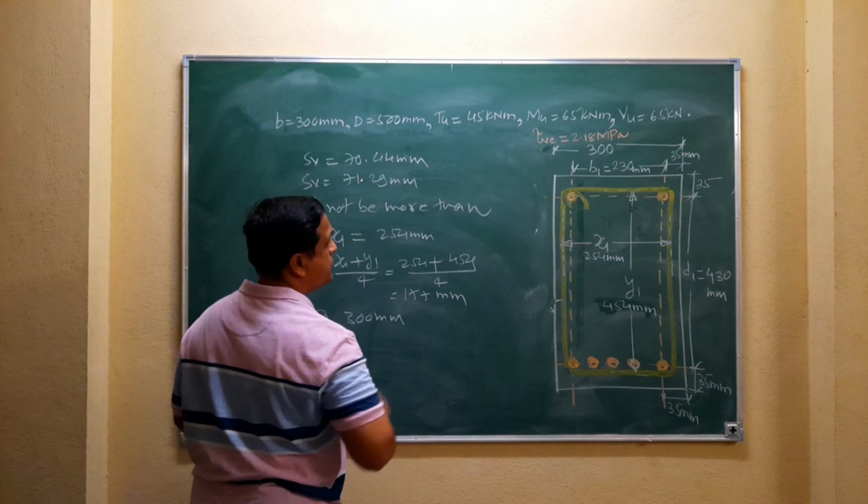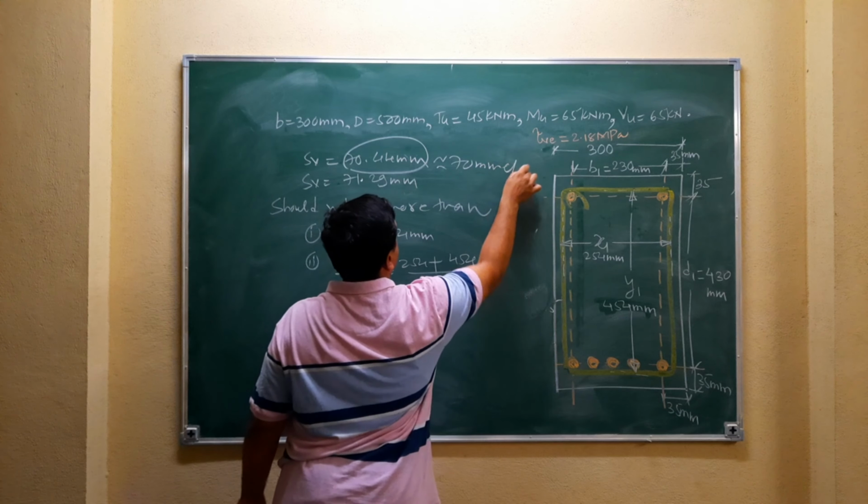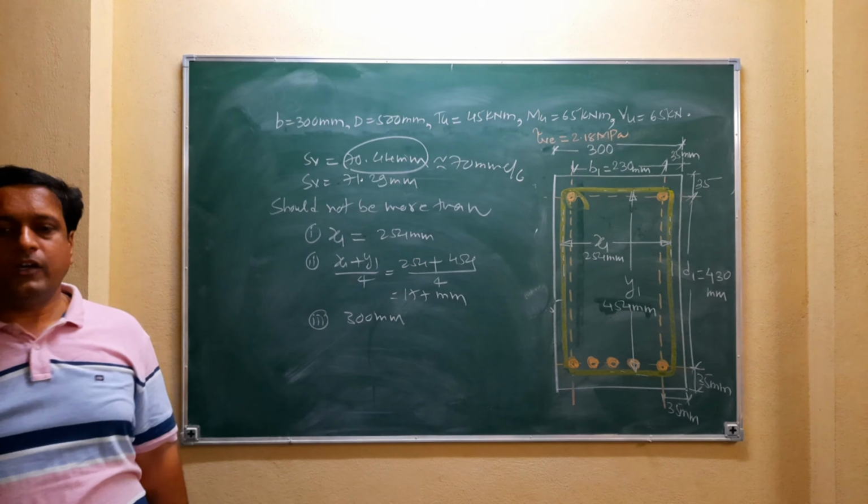That means you have to provide the minimum of these 5 values. The minimum of these 5 is 70.44, so say 70 mm center to center.